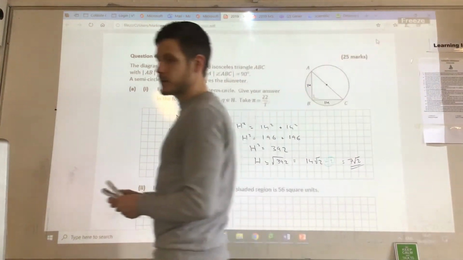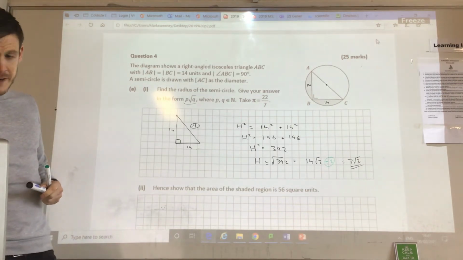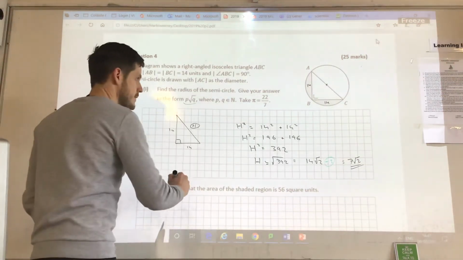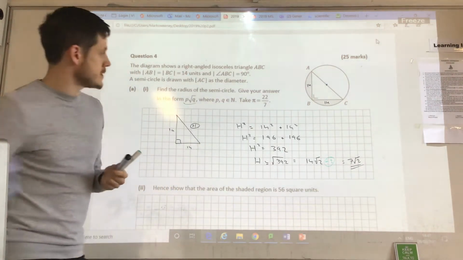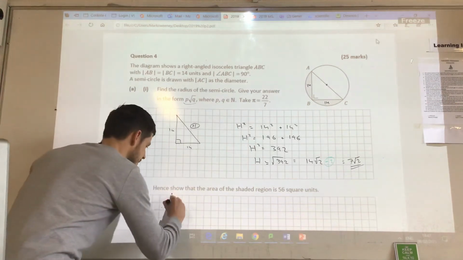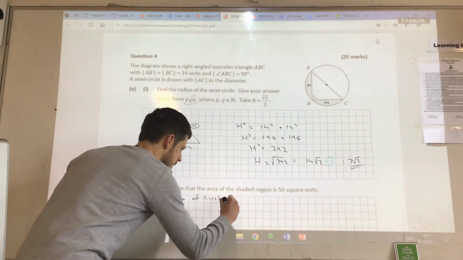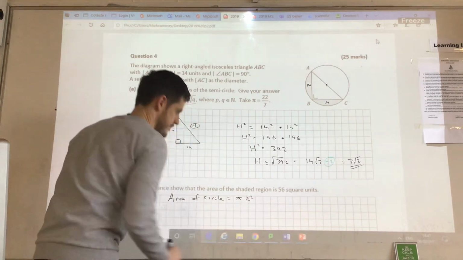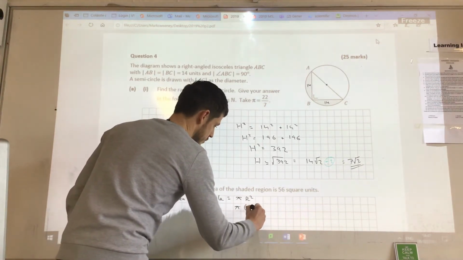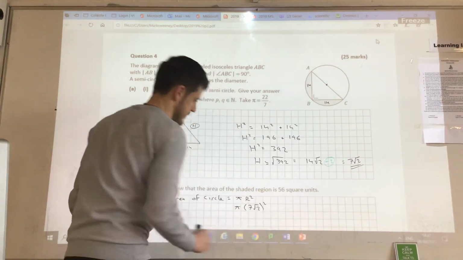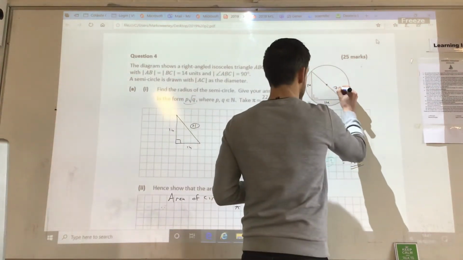So I've got to start off with figuring out the area of the circle. The area of a circle is pi r squared. So I'm going to do pi times 7 root 2 squared, because I know that r is 7 root 2. It was given in the last bit.